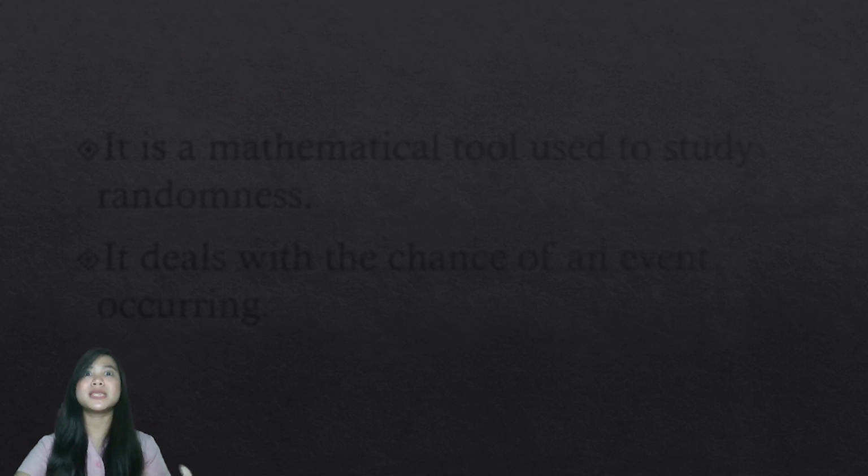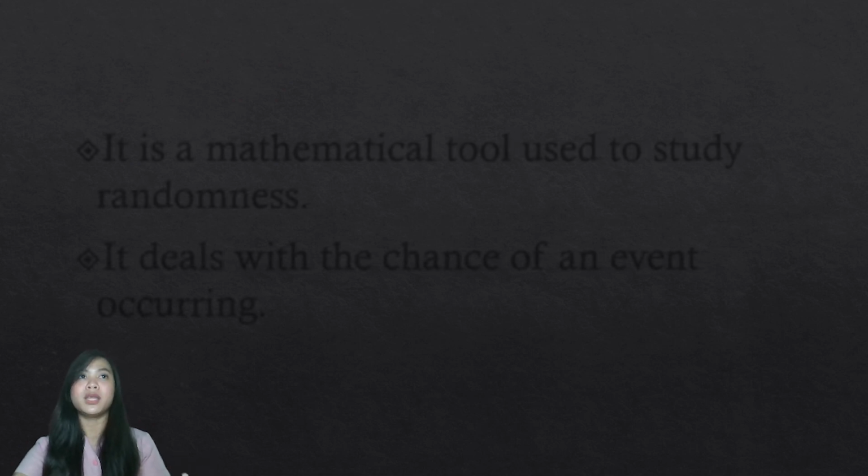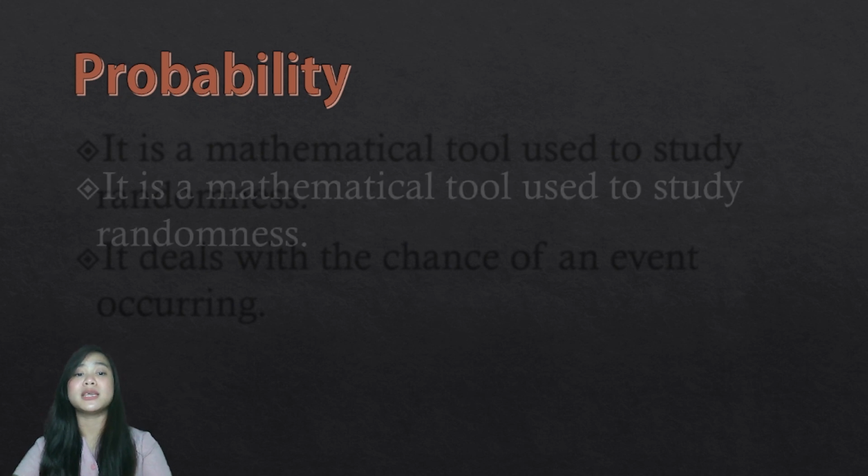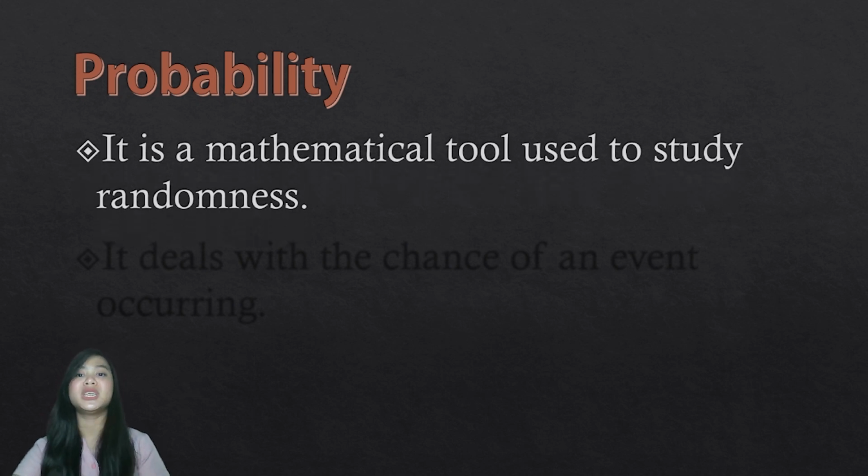So we have statistics. There is a tool, or a topic, that always relates to statistics, and that is probability. Probability is a mathematical tool used to study randomness. Randomness means we are just getting values or random numbers from a certain data.